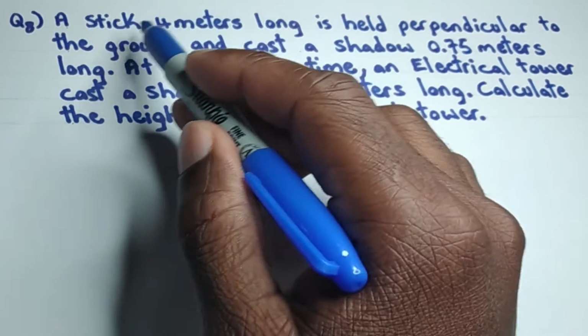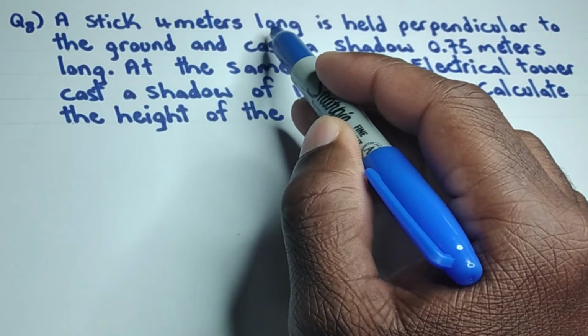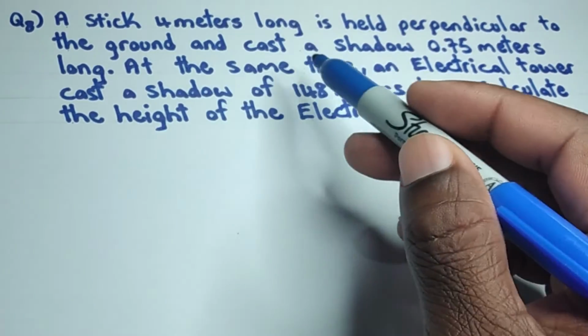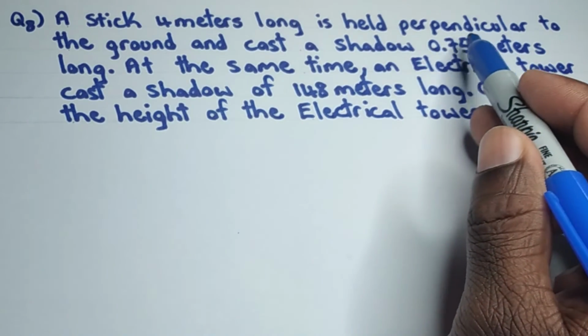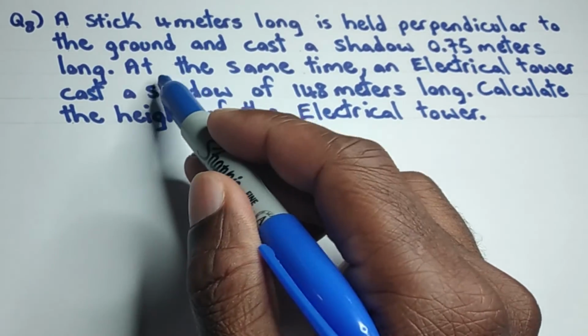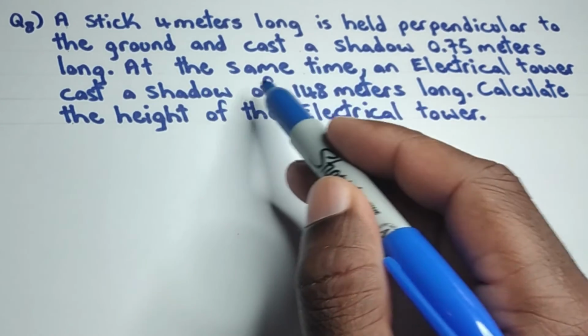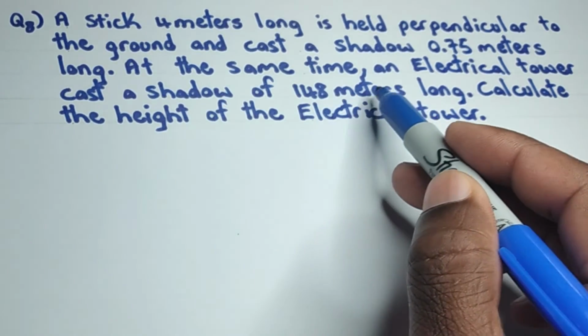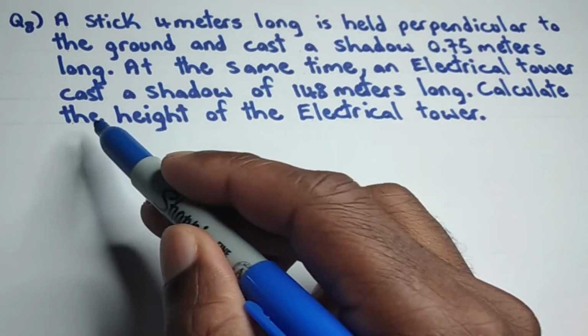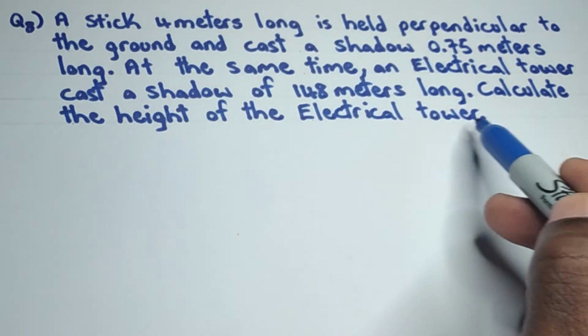So the height of the stick would actually be 4 meters, and it casts a shadow 0.75 meters long. At the same time, an electrical tower casts a shadow 148 meters long. Calculate the height of the electrical tower.